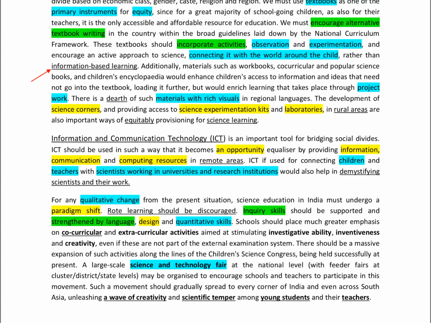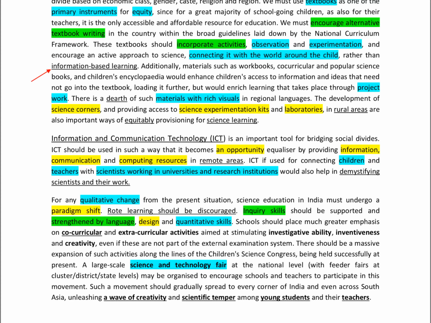Scientists work as teachers in universities, and also do their research work in research institutions, and such collaboration or communication can be done with the help of ICT.